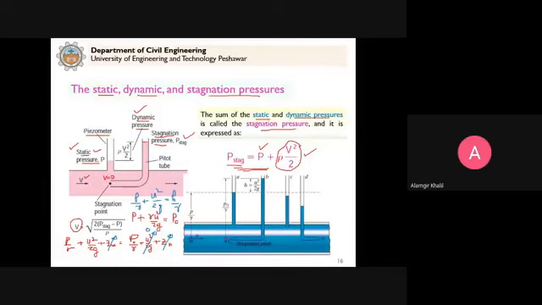And then gamma by g is equal to rho, because you studied that gamma is equal to rho into g. So now this expression we can write here. P naught, the stagnation pressure, is equal to P plus rho V square by 2. Clear?